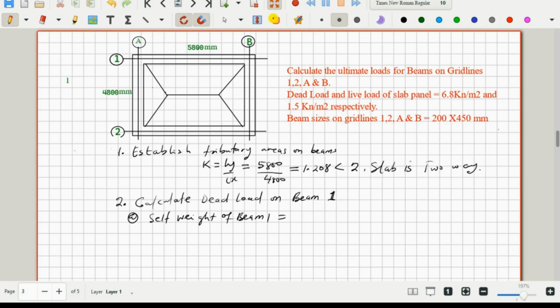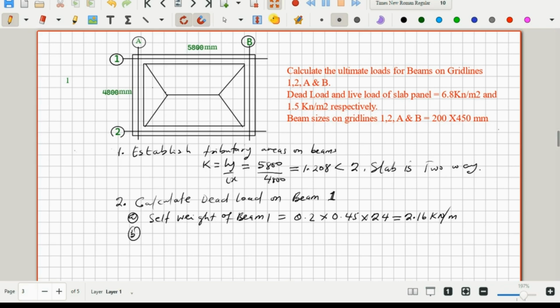So when we look at our exam tutorial, the beam sizes on all the four beams are 200 by 450. So the cross-sectional area, we'll convert it to meters. So 0.2 multiplied by 0.45 multiplied by the density of concrete, which is 24. And if we work that out, we'll have 2.16 kilonewton per meter. So that's the first part. We've been able to calculate the self weight of beam 1.